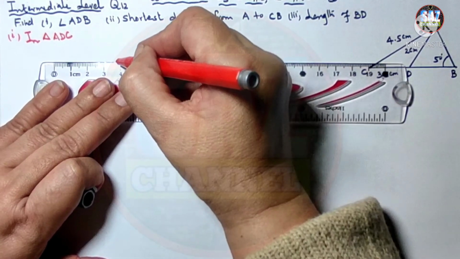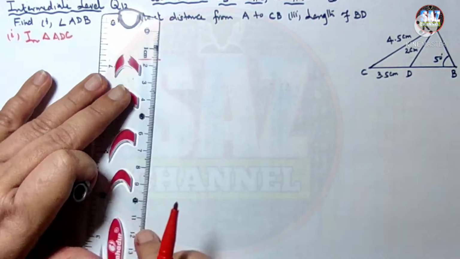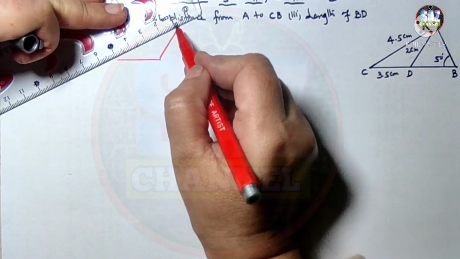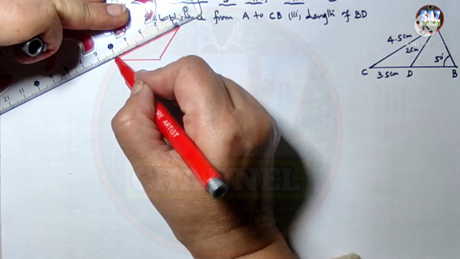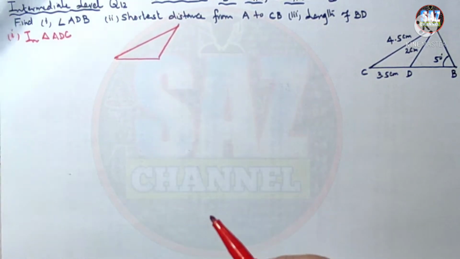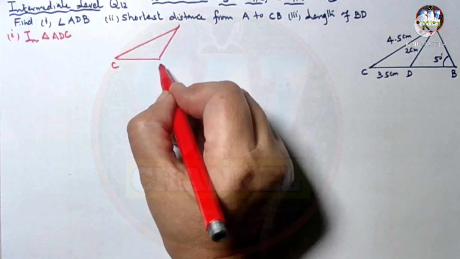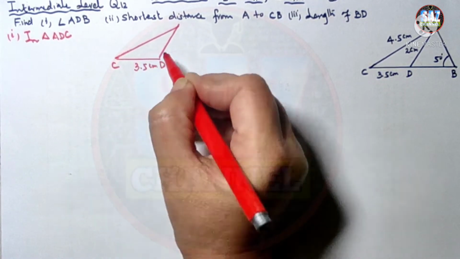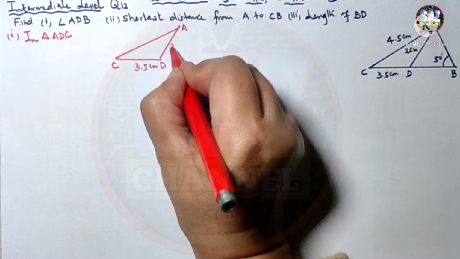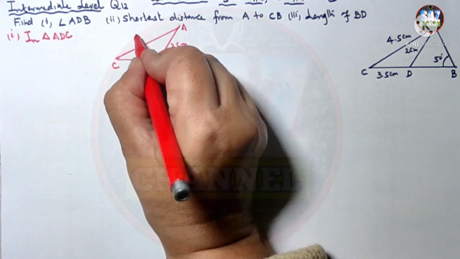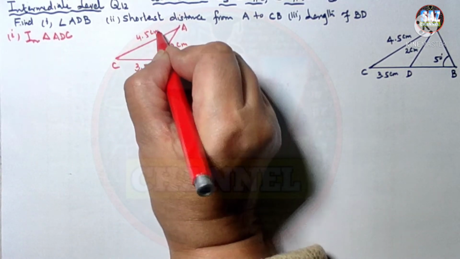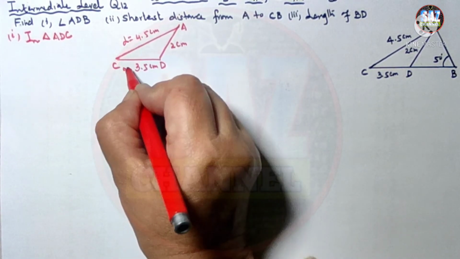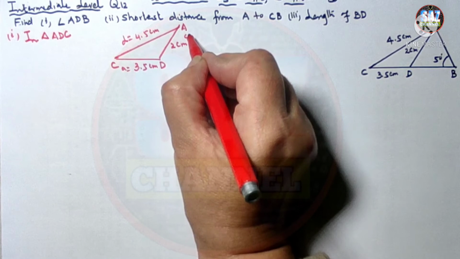Always draw the reference diagrams, and that becomes easy for the examiner to understand on which part of the question you are working and what you are talking about. This is C, this is D, this is 3.5 centimeter, this is A, this is 2 centimeter, and this is 4.5 centimeter. This is small d, this is small a, and this is small c.